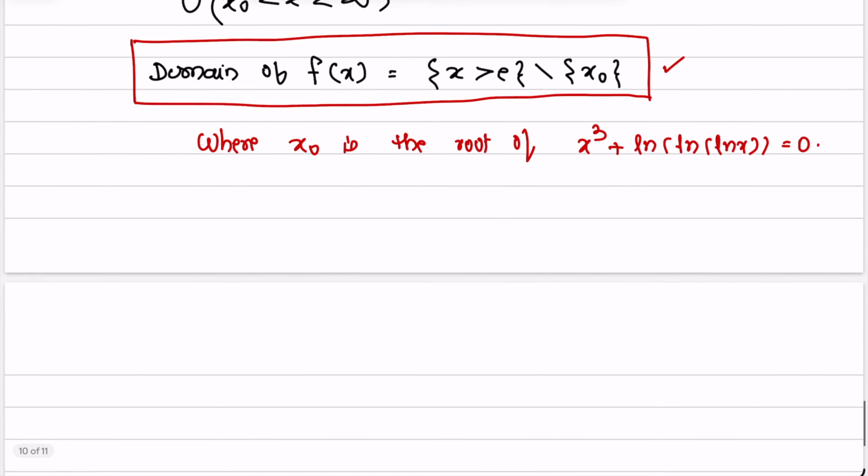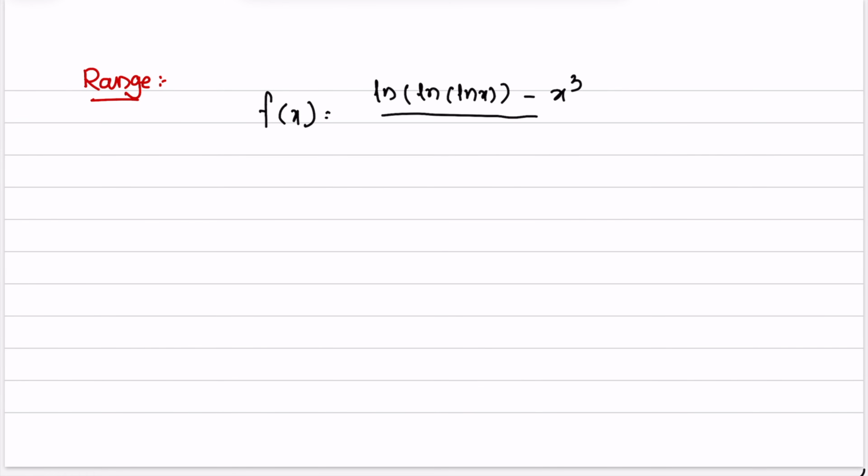Now, we have to go for the range. We got function f(x) is equal to ln of ln x minus x cube by ln of ln x plus x cube.